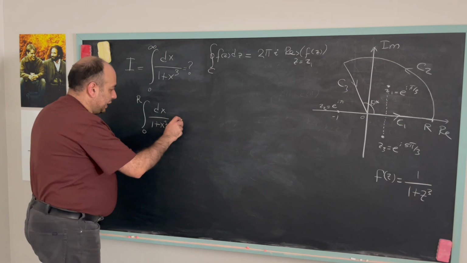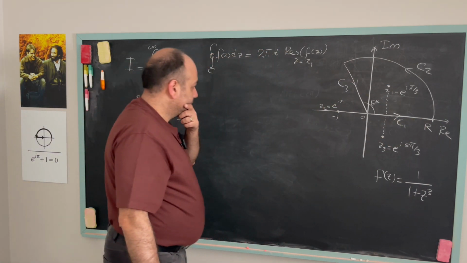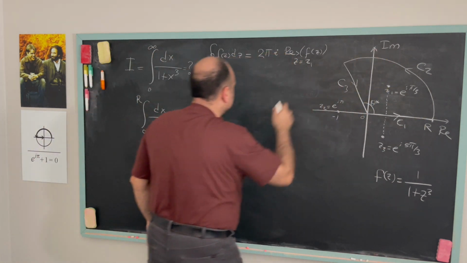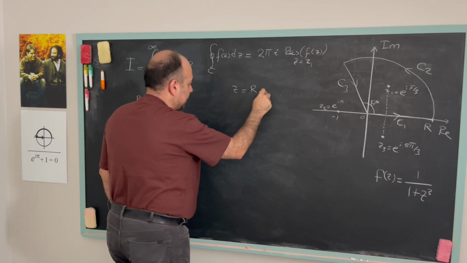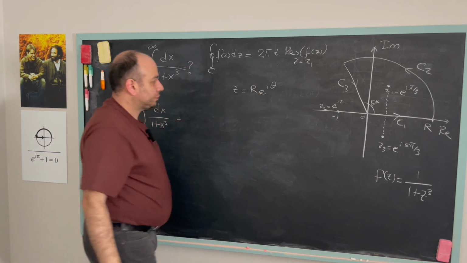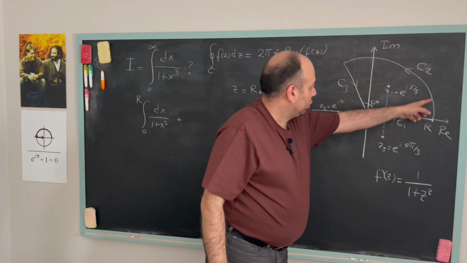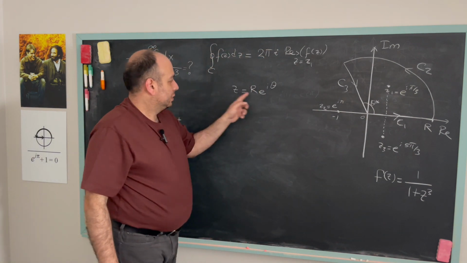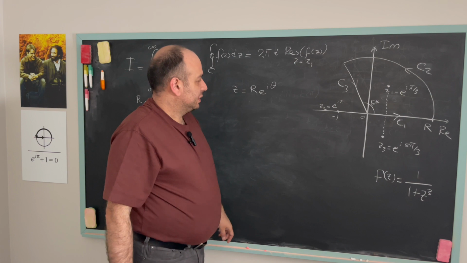Plus, I'm now moving on C2, and we need to be careful here. If I move on C2, the z values change as r times e to the i theta. R is constant for all points on C2, so the modulus is the same, r, and the angle is different, e to the i theta.